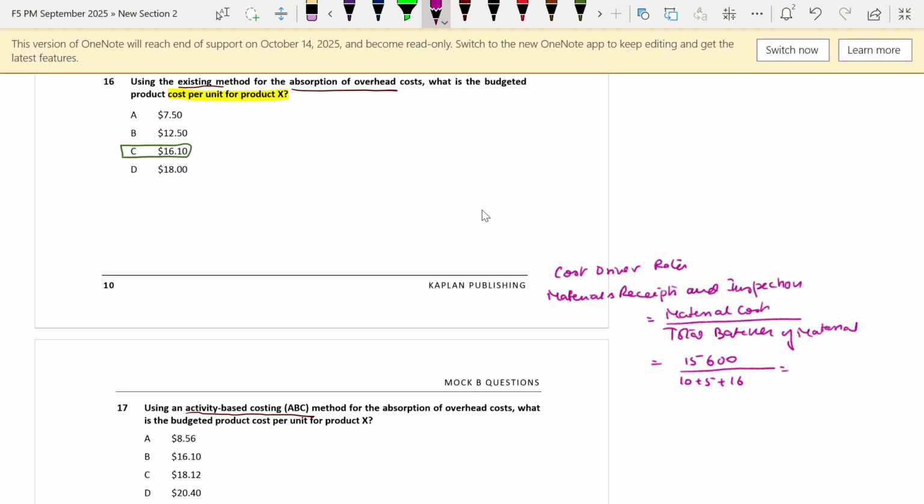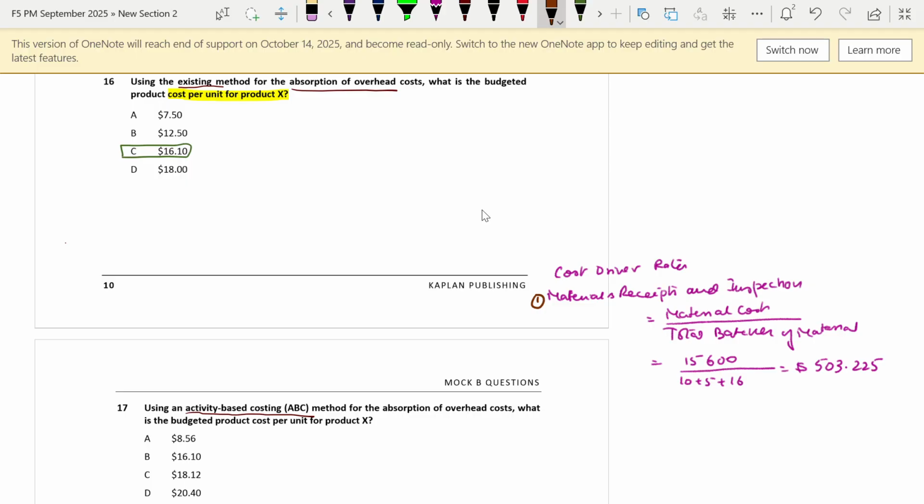How much will you get? 31. What is the value? $503.225. This is one.